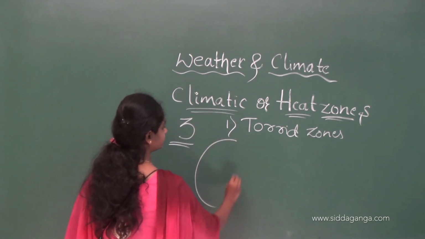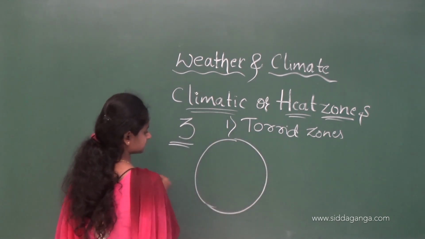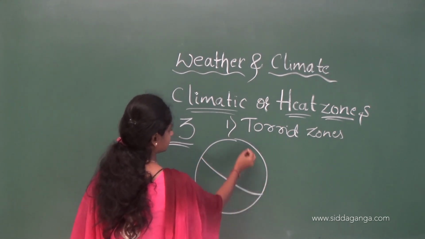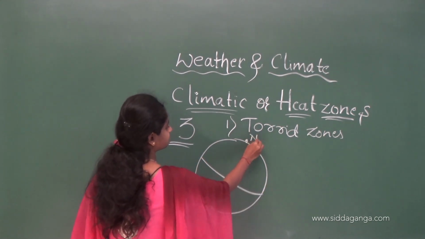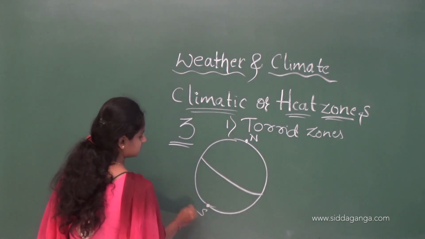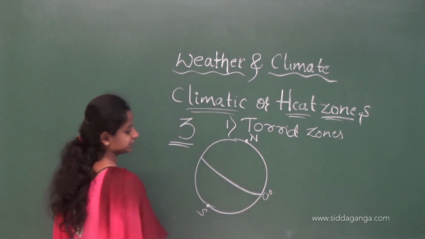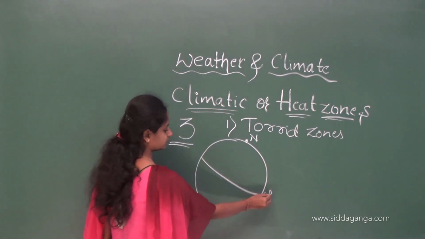What is this torrid zone? So, this is the earth surface. This is the equator. This is the North Pole and this is the South Pole. This is the 0 degree, that is the equator.